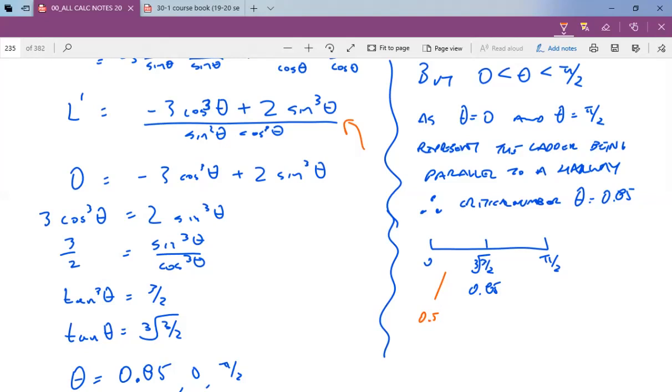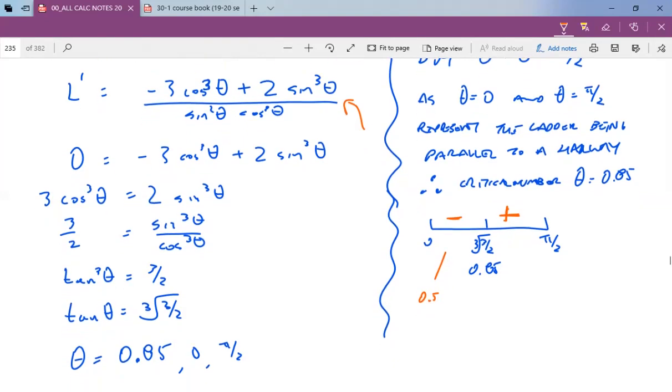All right, so hopefully you found that this ends up being negative. This ends up being positive on either side of 0.85. Maybe you took something like 1 as a number that you're plugging into your calculator and determining the sign of that.